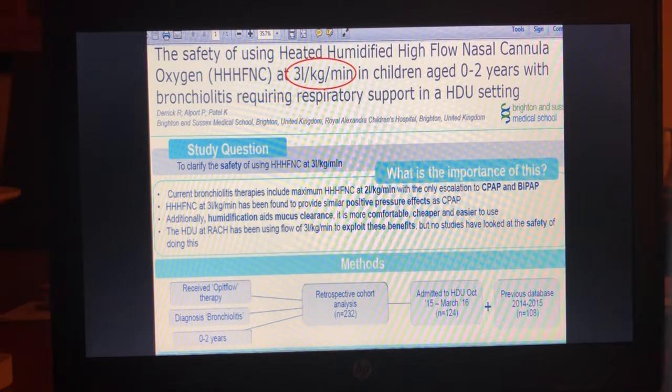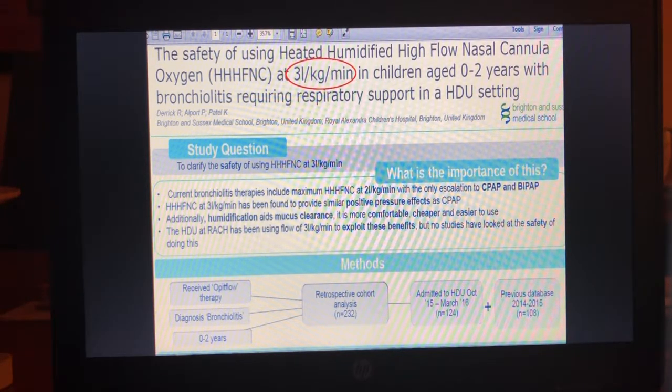That limit of 2 litres per kilo per minute is really being set by the manufacturers, and they have suggested that the flow through their equipment remains laminar and linear, and otherwise would become too turbulent and not create the effectiveness you might expect. If you jump from 1 to 2, there's a clear benefit, but jumping from 2 to 3, they hadn't really tested the equipment, and it wasn't really designed for that.